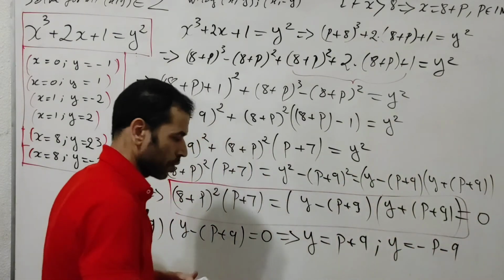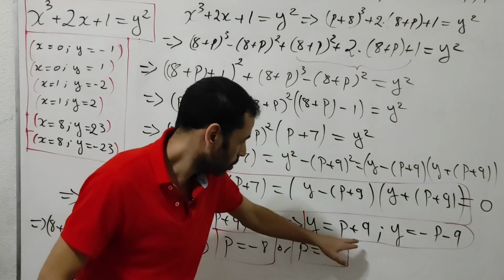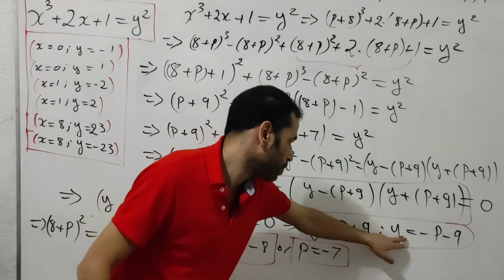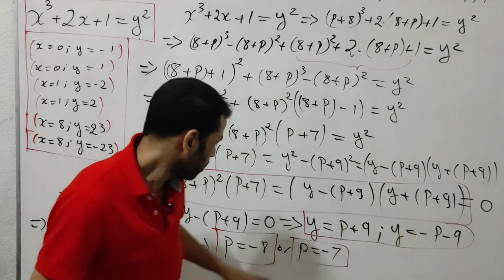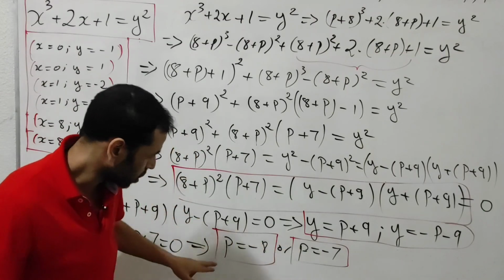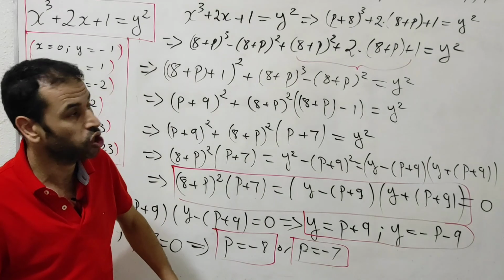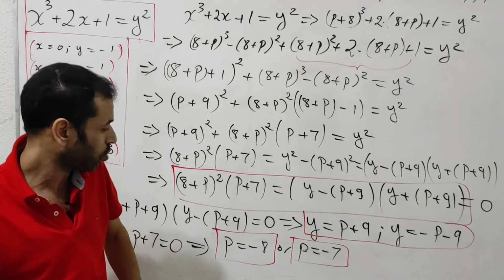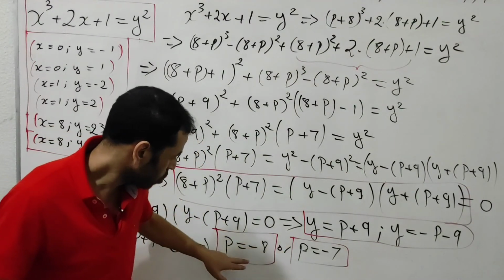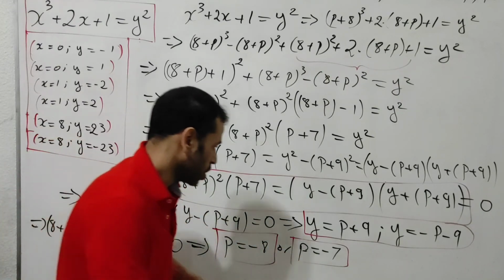For these two solutions, y could be positive or negative, but the two solutions must be positive because we have chosen p as a natural number, which is strictly superior to 0. But we found these solutions are negative, which is impossible.